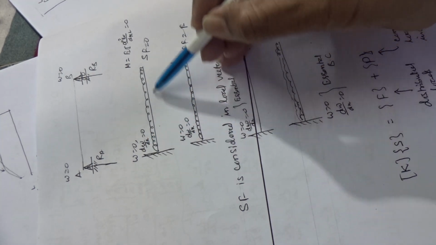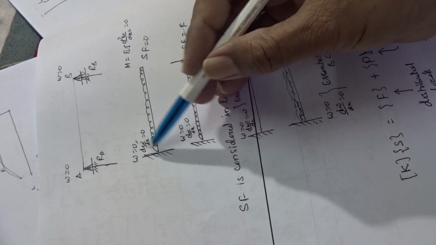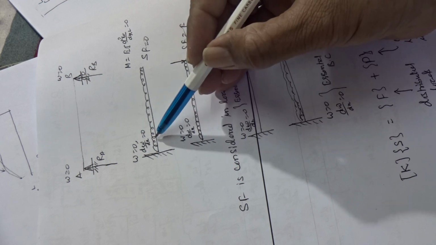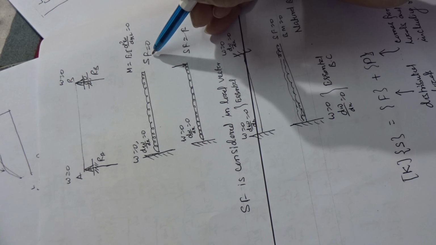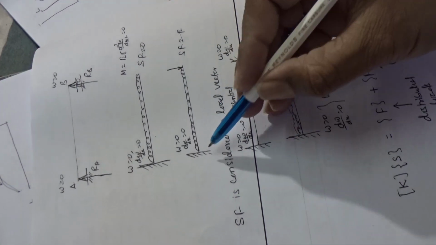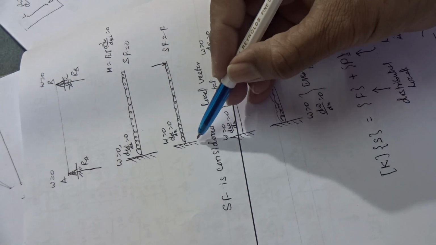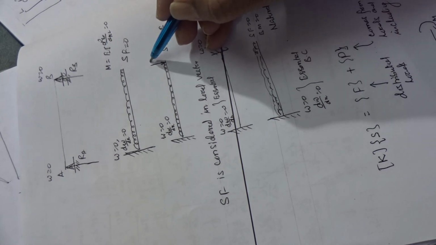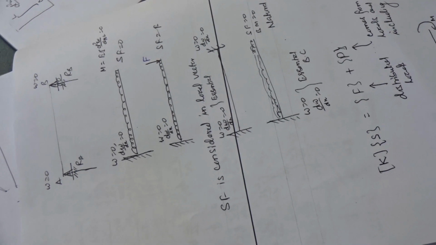For the cantilever beam, at the fixed end displacement w is 0 and slope is 0, that is the essential boundary condition. At these points also the shear force is 0 and bending moment is 0, that is the natural boundary condition. Similarly, this one is a cantilever beam, this is fixed and a force F is applied at this end, so shear force is equal to F.